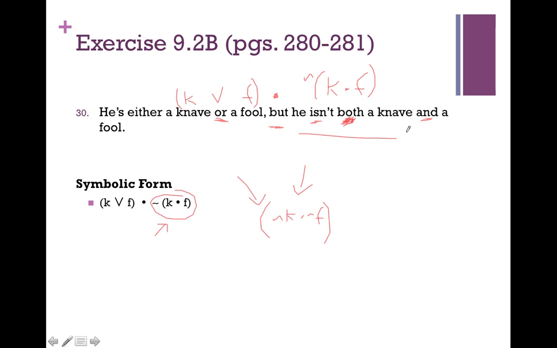That's what this is saying up here, and that's how we write it right here. We're saying he's not both, which means he could be one or the other. This proposition right here, not knave and not fool, that's telling us that the only time this is true is if he is not a knave and he is not a fool. But it doesn't leave open the possibility that he could be one or the other.